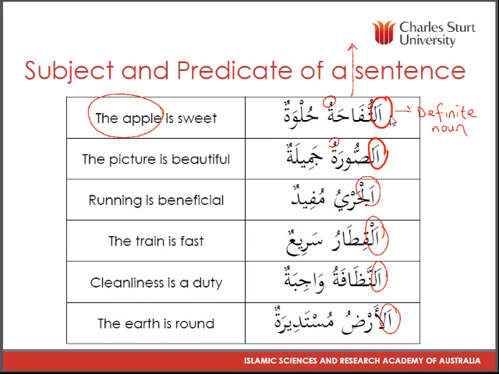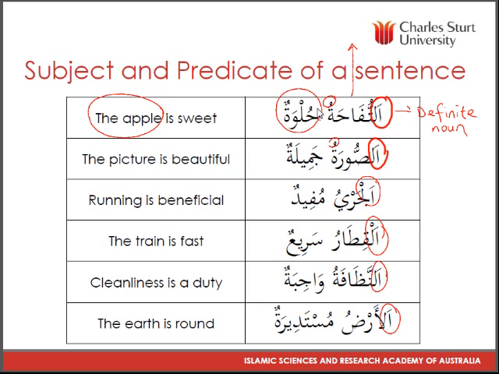We explained al. Al makes words definite. But where I'm going to use this? In these sentences we are going to use. That's why we try to explain what happens if we prefix al. So look, we prefix al, and these sentences are all jumla ismiya because they are starting with definite noun. And I have to give some information about this definite noun.